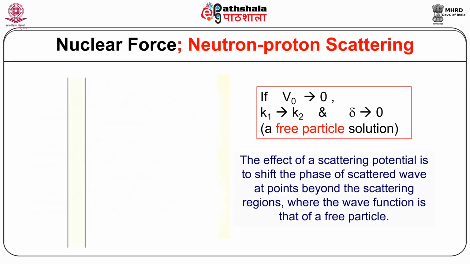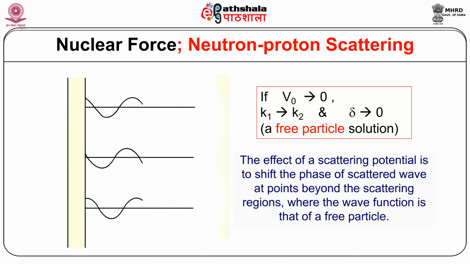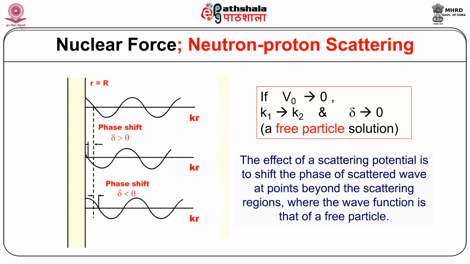Nuclear force, neutron-proton scattering. We are still continuing with our discussion about the neutron-proton scattering at low energy. In this slide, we see a picture on the left hand side, and the picture basically explains three different regions. Three different regions means: when V0 is equal to 0, the free particle, what is the situation of the wave function?